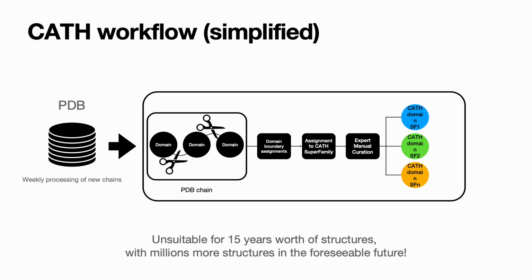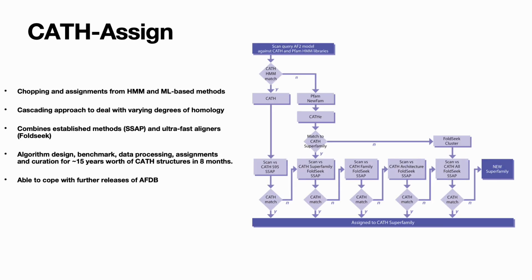So, in order to tackle this data, we came up with a new protocol called CATH-Assign, where we take chopping and assignment from hidden Markov models and machine learning-based methods, and then we validate these assignments using a cascading approach, using structural aligners to deal with these varying degrees of homology.